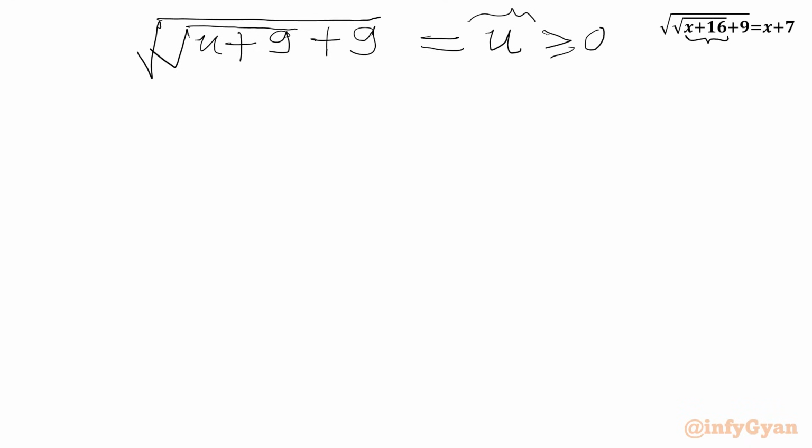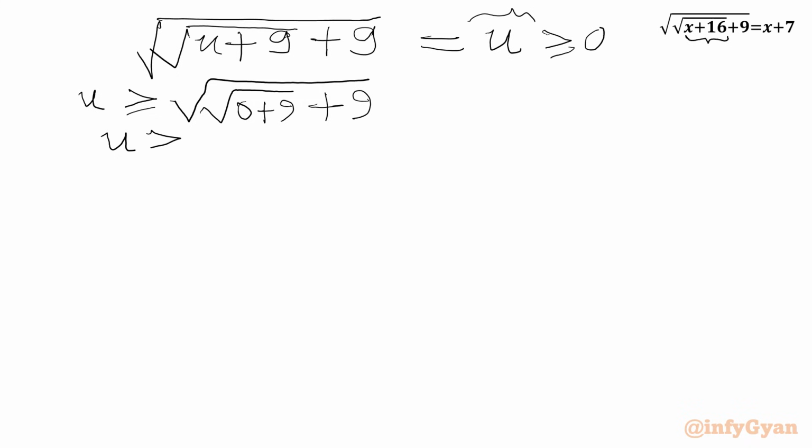So the minimum value of u which we can pass in the left hand side will be 0. So if I will write, this will be equal to square root of 0 plus 9 plus 9. This is the minimum value of u. So we can put equality over there.